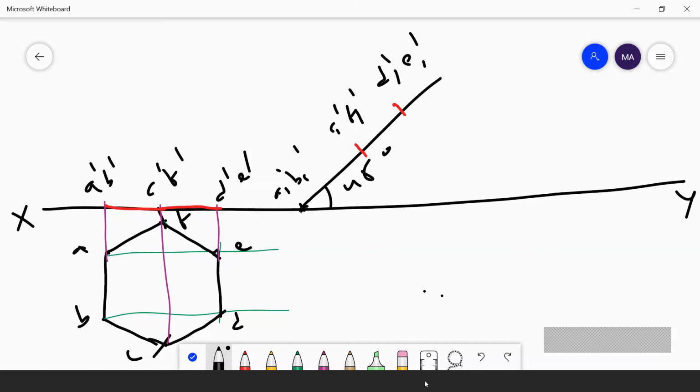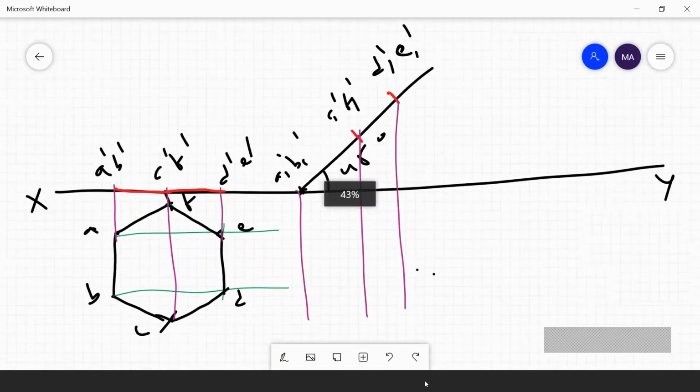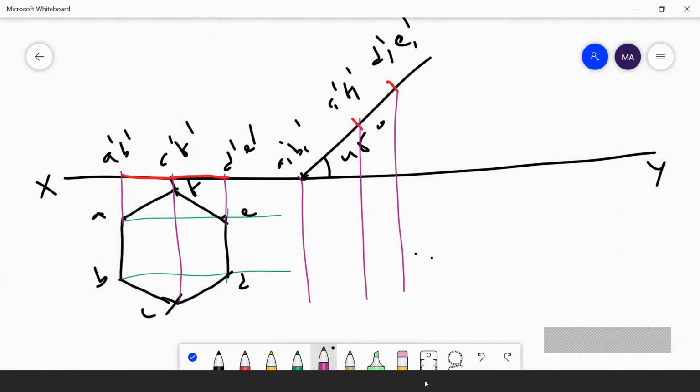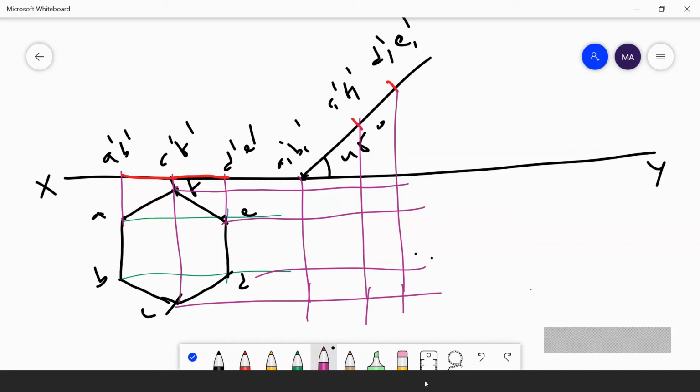E1 dash. Then I am projecting this point downward. Projecting downward. I am projecting these points to the right side. Okay, I am marking the same points.